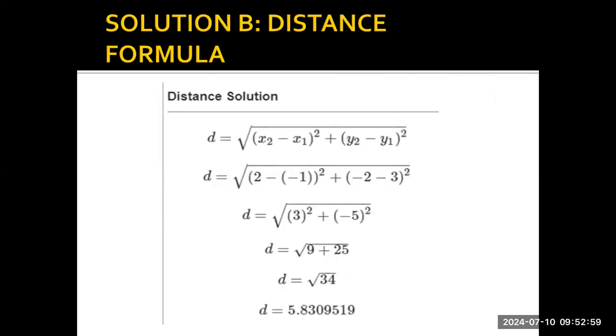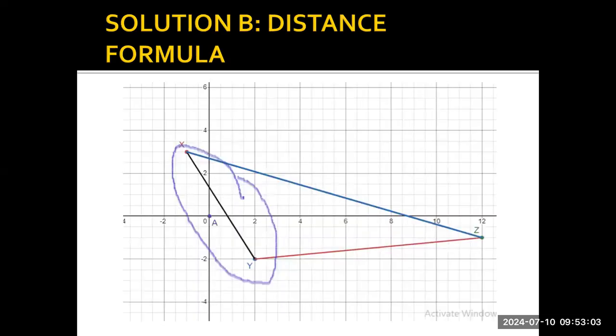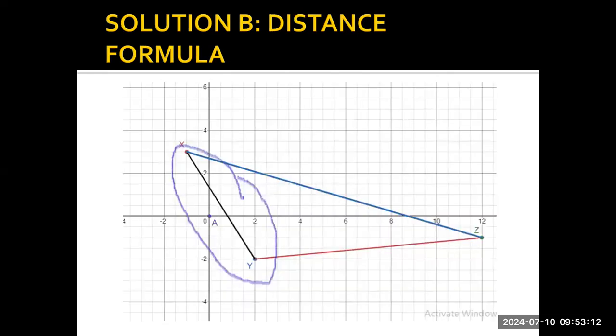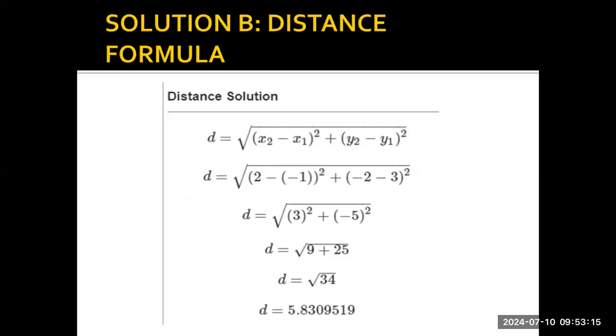So this is the solution. So take note that the first pair of coordinates is at star X. So x sub 1, y sub 1 is the first pair of coordinates, and that belongs to star X. So x sub 1 equals -1, y sub 1 equals +3.